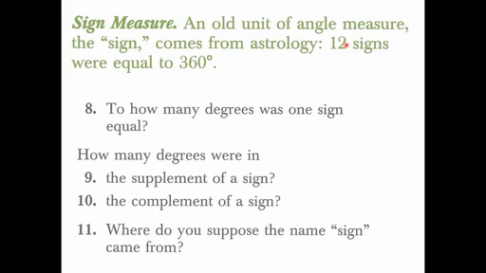If this fact is given, that 12 signs equal 360, how many degrees would be in one sign? How many degrees would be in the supplement of that sign? In the complement of that sign? Notice you have to go back to the definitions each time. And where do you suppose the name sign came from? Don't really care what you put there. I just said from the zodiac signs of astrology.